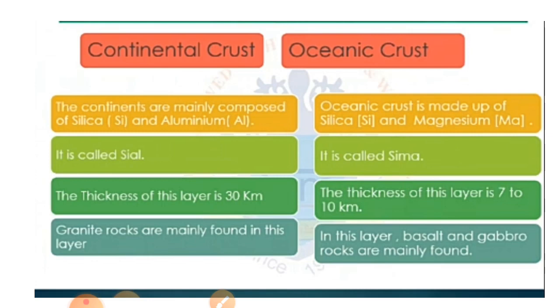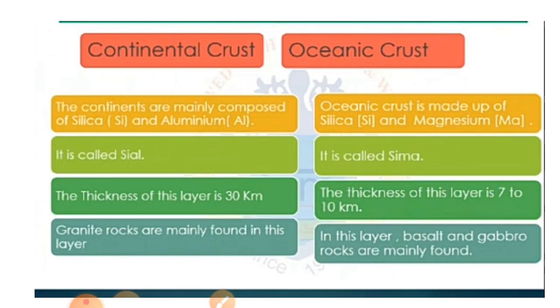It was earlier called Sima. Students, the main materials of the oceanic crust are silica and magnesium. It means Si plus Ma is equal to Sima.